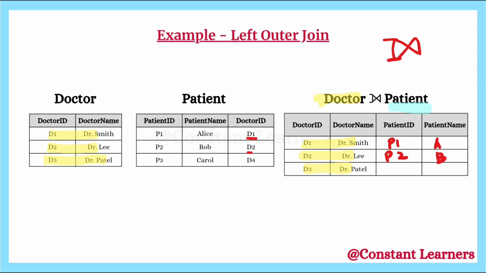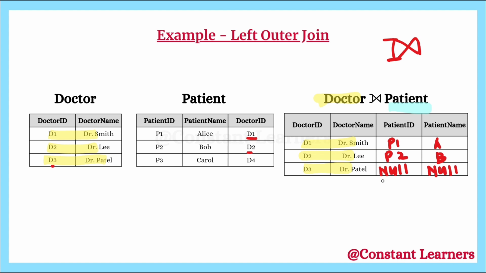Now here in the doctor table we have the Dr. D3. But in the patient table we have no patient who is assigned to Dr. D3. Right? So thus for D3 we will have no values in the patient columns, right? So here we will have null and here also we will have null because no patient has been assigned to Dr. D3 and thus the values in the patient table for this particular entry will be null, right?